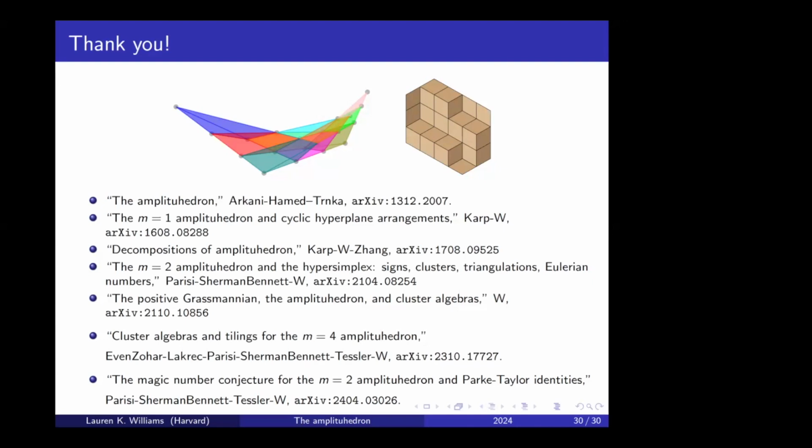And a second quick question about the magic numbers. As you know better than I do, understanding higher m amplituhedra would be completely fascinating. They're crazy, wonderful objects, but there is already a clue just in the tiling numbers for something that might be very important for whatever the quote unquote physical interpretation of these things might be.